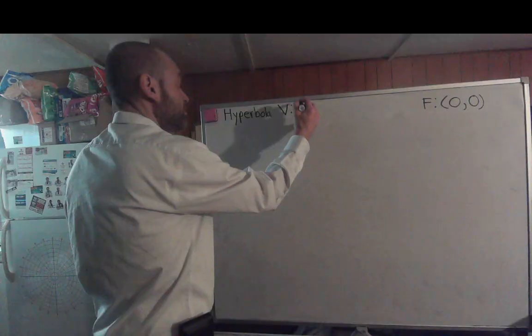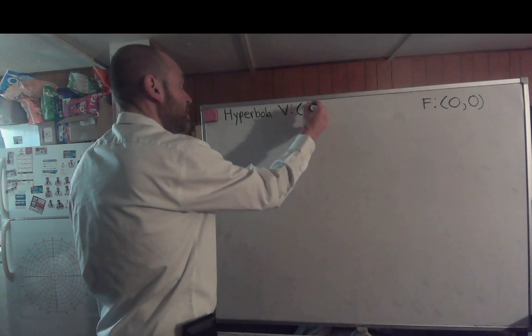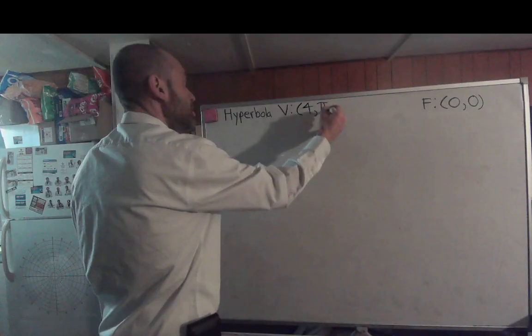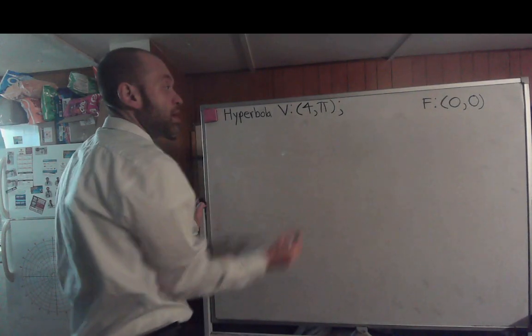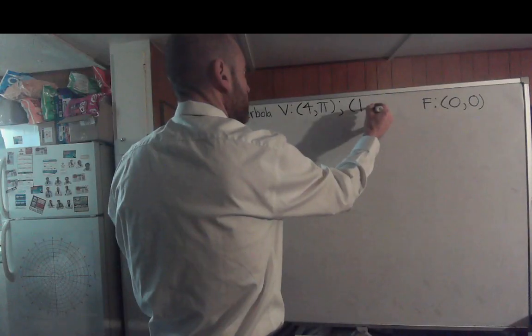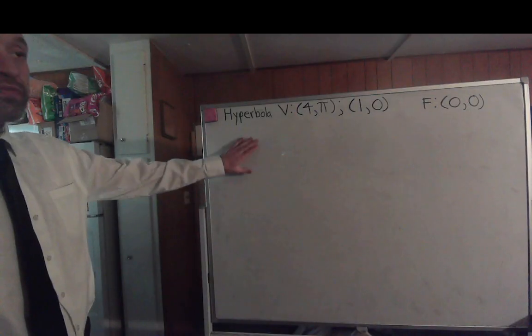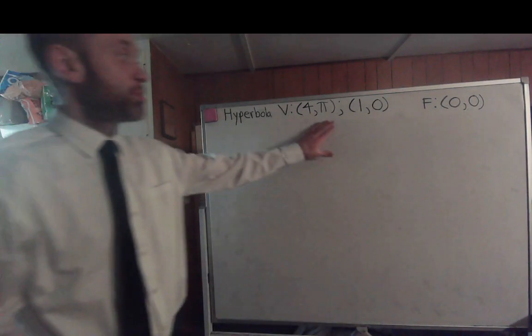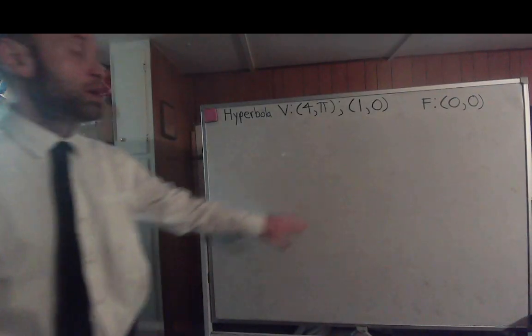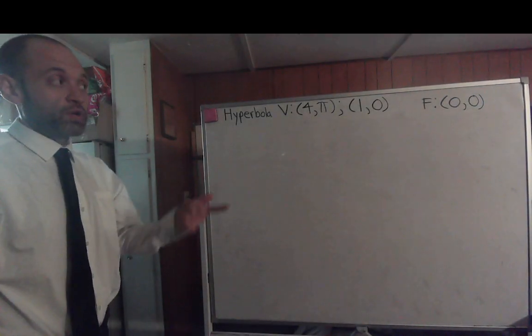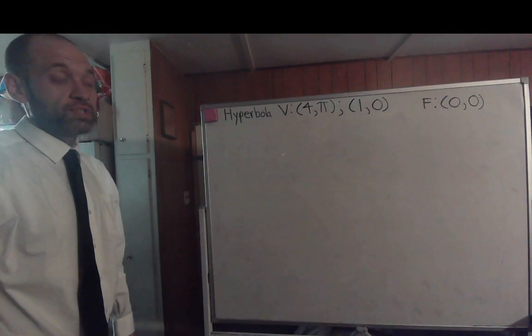We have a vertex at (4, pi), and then we have one at (1, 0). So we have two vertices for this hyperbola, one at (4, pi), one at (1, 0). And we know one of the foci is 0, 0.